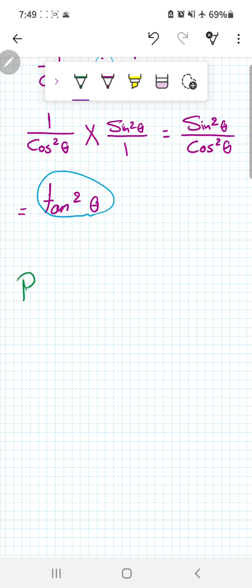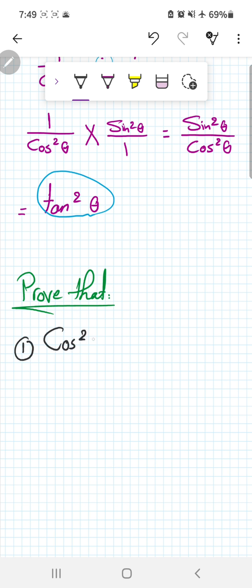Now prove that, number 1: cosine squared theta over 1 minus sine theta equals 1 plus sine theta.